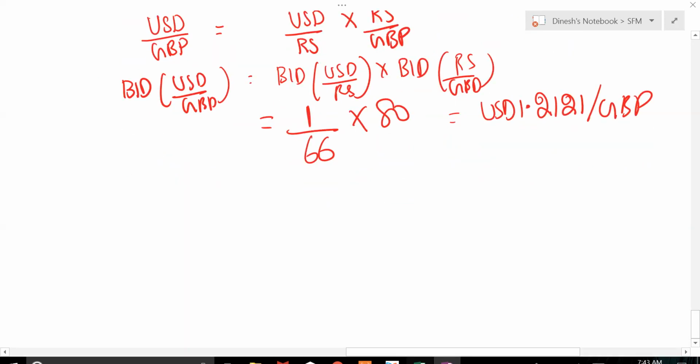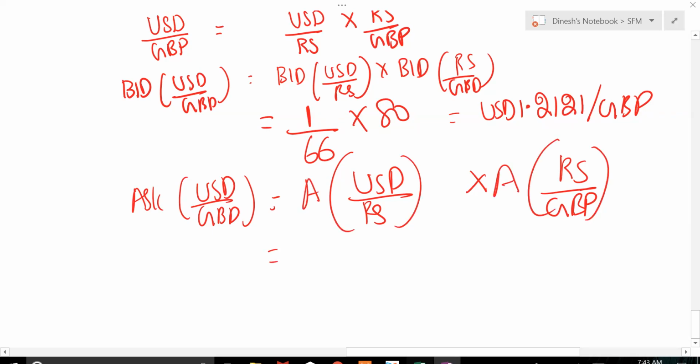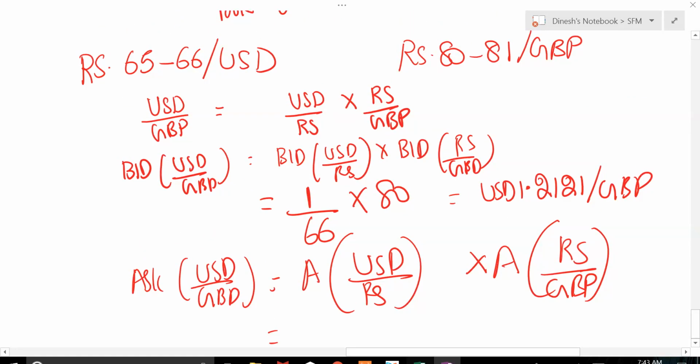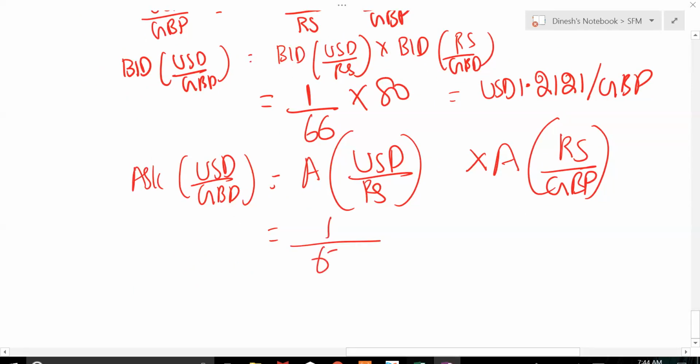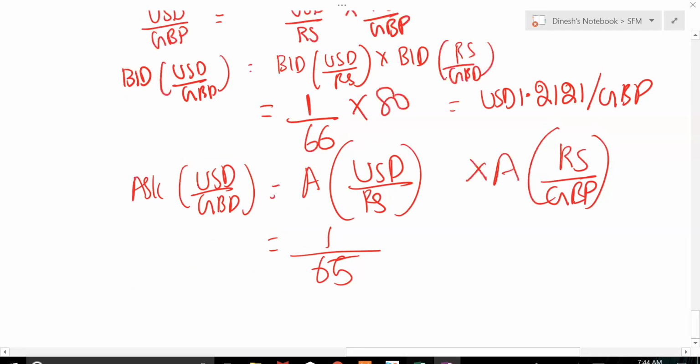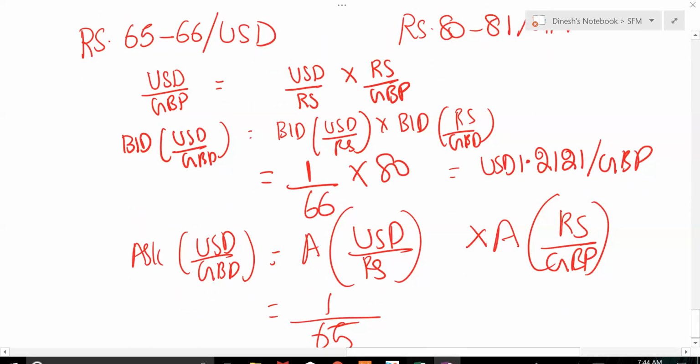Now ask USD per GBP is equal to, again split, USD per rupee into rupee per GBP, ask. In the example, USD per rupee is not there. I have rupee per USD, so I'll make it 1 by bid. 1 by 65, because 65/66 is the rate.